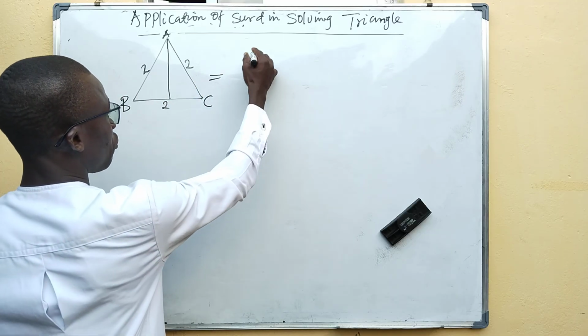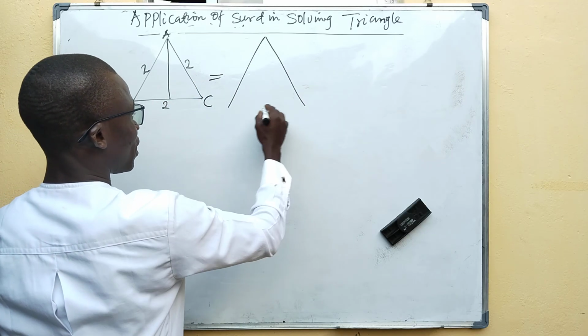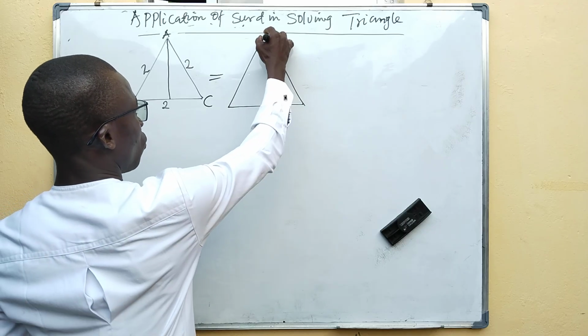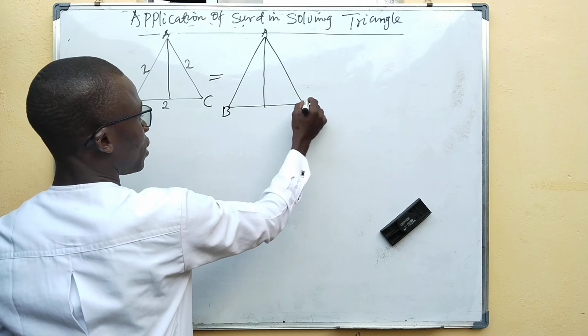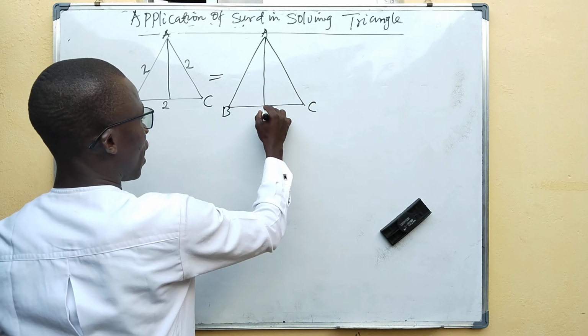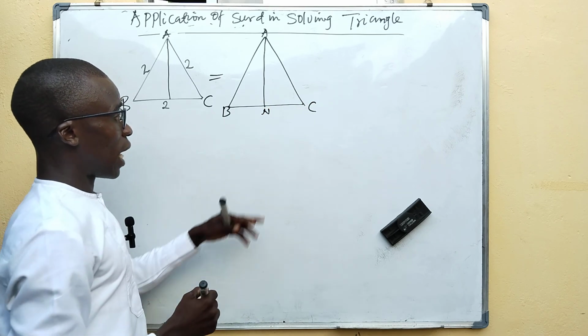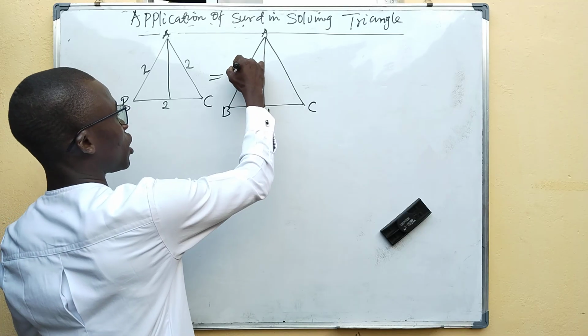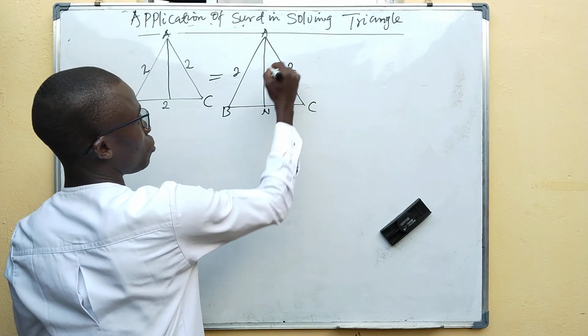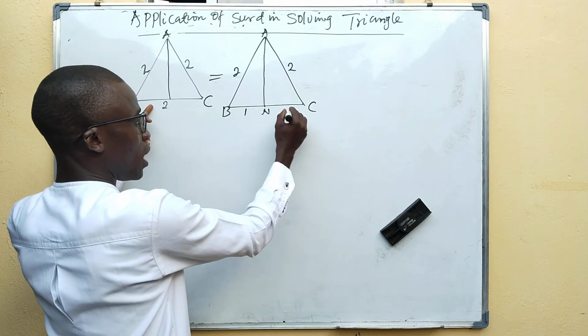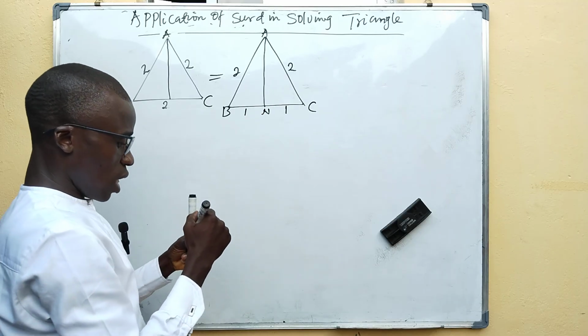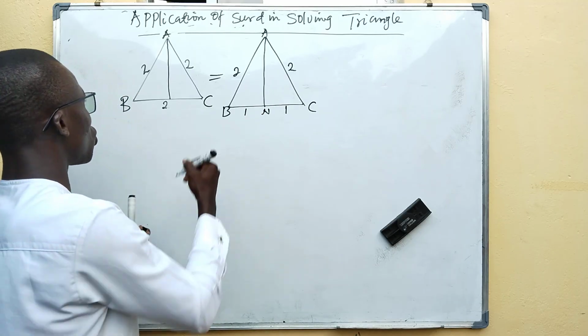Then this diagram will give me another diagram where I have divided it. A, B, and C, and here can be my N. Here remains my 2, and having divided this part into 2, here will be 1 and here will be 1.